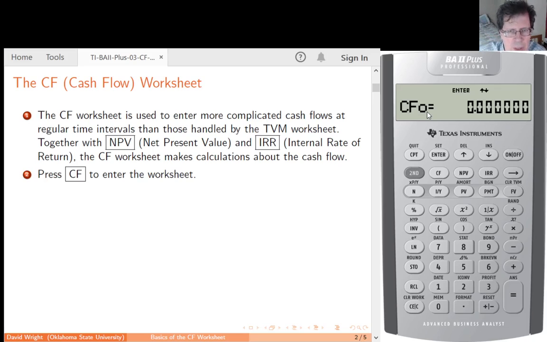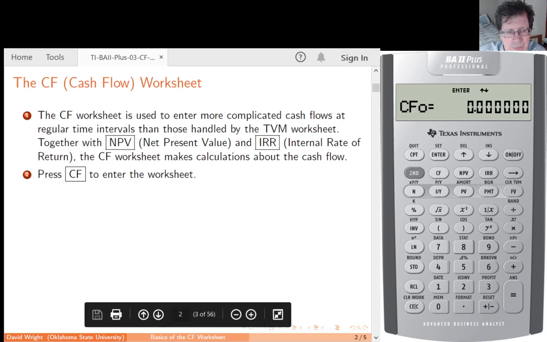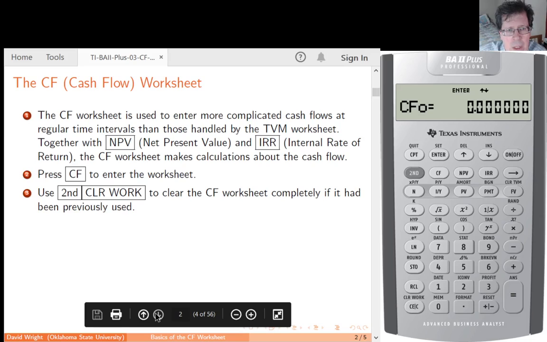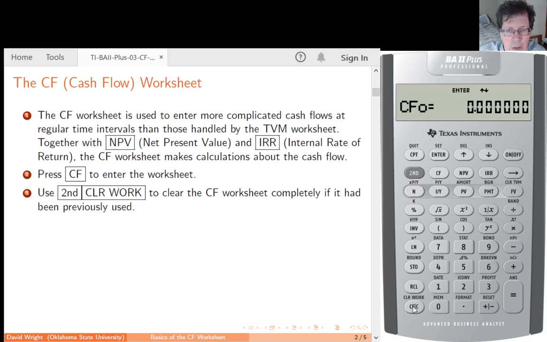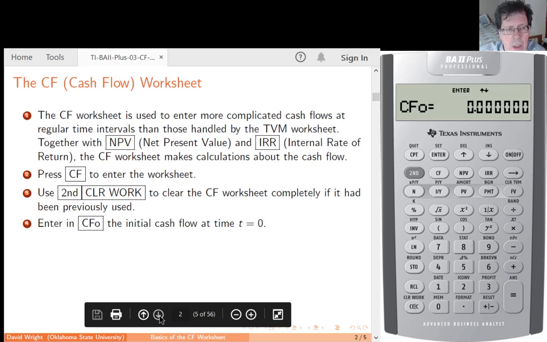That's the flow at the very beginning of your cash flow. And if you had been using it before, you can say second clear work, and that clears the entire cash flow worksheet. And I'm going to show you what the other entries are in a second.